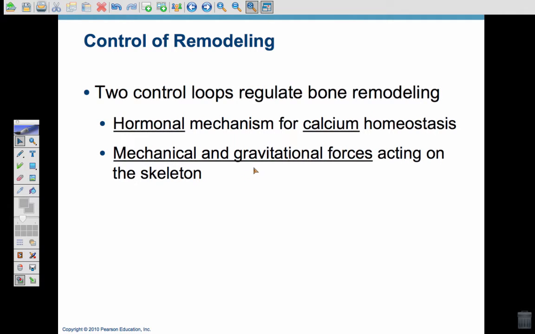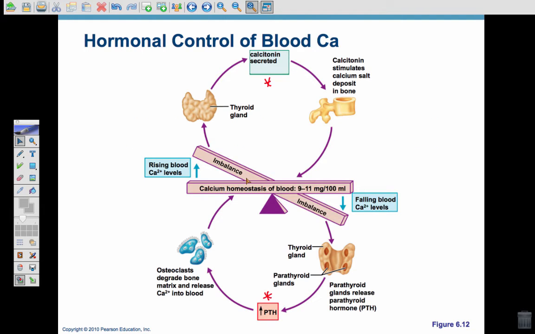And then there are also forces, mechanical, gravitational forces that act on the skeleton that can also drive the remodeling. So the primary hormone that's involved in this is parathyroid hormone.